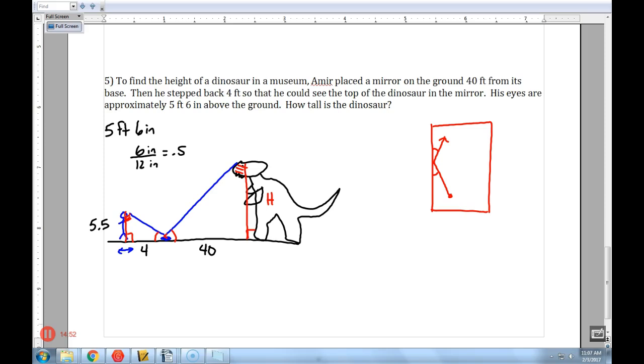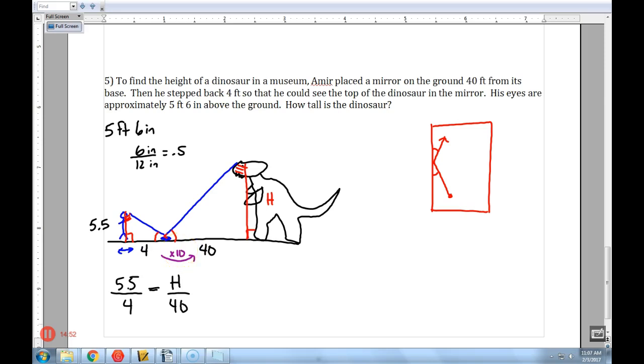So two ways to do this problem. You could set up a proportion: height of the kid over distance from the mirror equals height of the dinosaur over distance from the mirror. And you could cross multiply and solve that. There's an easier way though. I could use scale factor. I see that the dinosaur's distance is exactly 10 times further from the mirror than my distance.